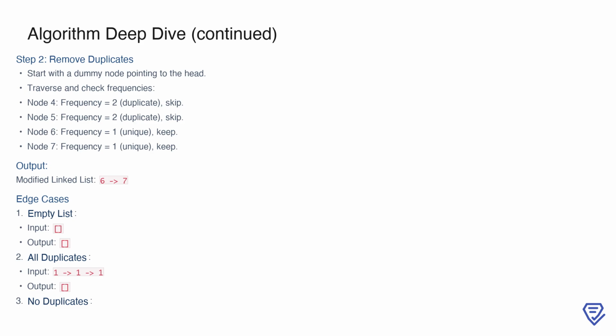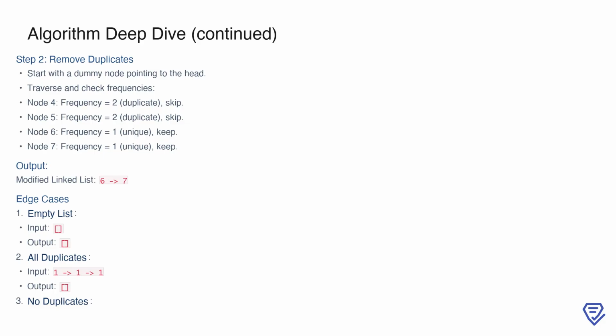Now, let's process the list to remove duplicates based on the frequency data. Starting with a dummy node pointing to the head, we traverse the list and evaluate each node's value. The first node has the value 4, which appears twice in the hash table, so we skip it. The next node has the value 5, which also appears twice, so we skip it as well.